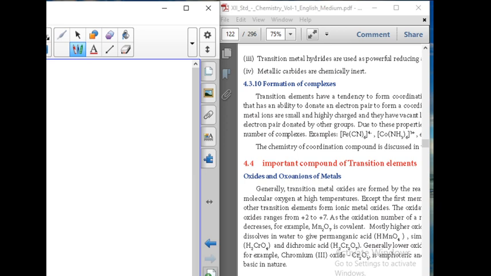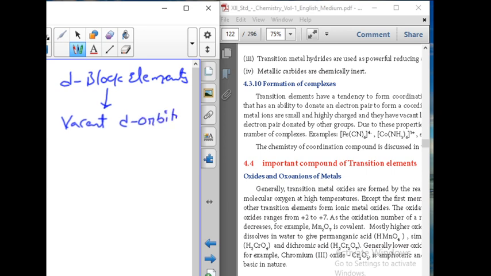First of all, why can d block elements form complex compounds? Transition metal ions are small and highly charged, and they have vacant low energy orbitals. Because of the vacant d orbitals, what happens?